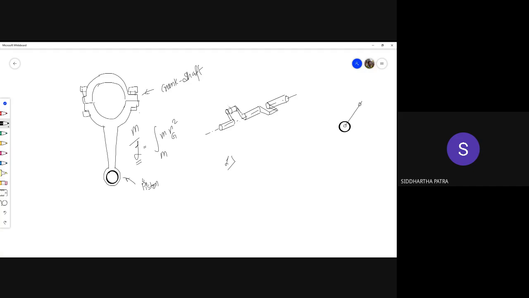Not for an object which is very irregularly shaped. If it is like a solid cylinder, you can very easily determine the mass moment of inertia. If it is like a thin plate, you can very easily determine the mass moment of inertia.